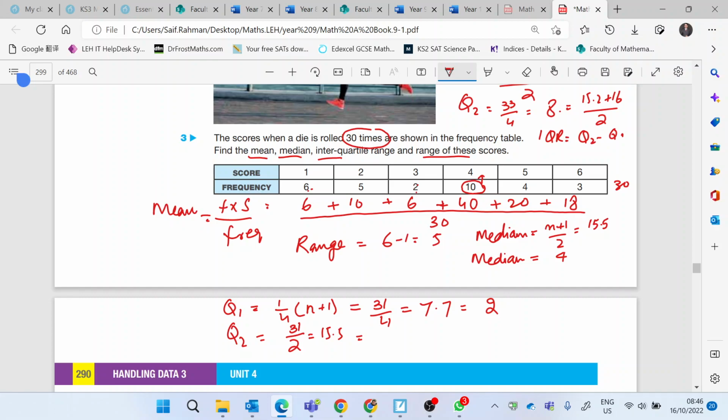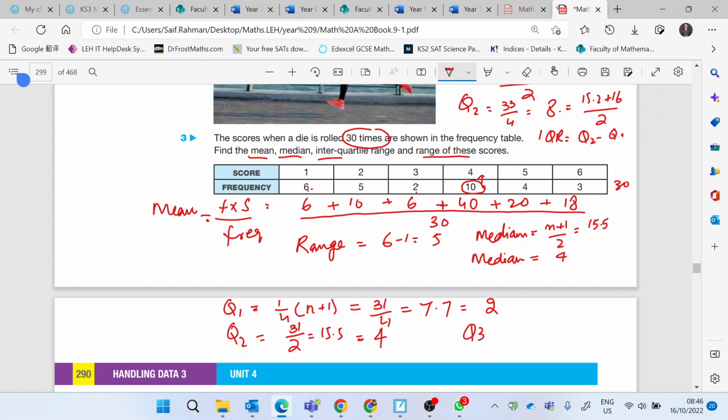Okay, so for the 15th and 16th value in this frequency table, we have to check where the 15th and 16th value falls. 6 plus 5, 11, 12, 13, right? The next 10 values are here. So our 15th and 16th value falls on the 4. So 4 is our Q2.